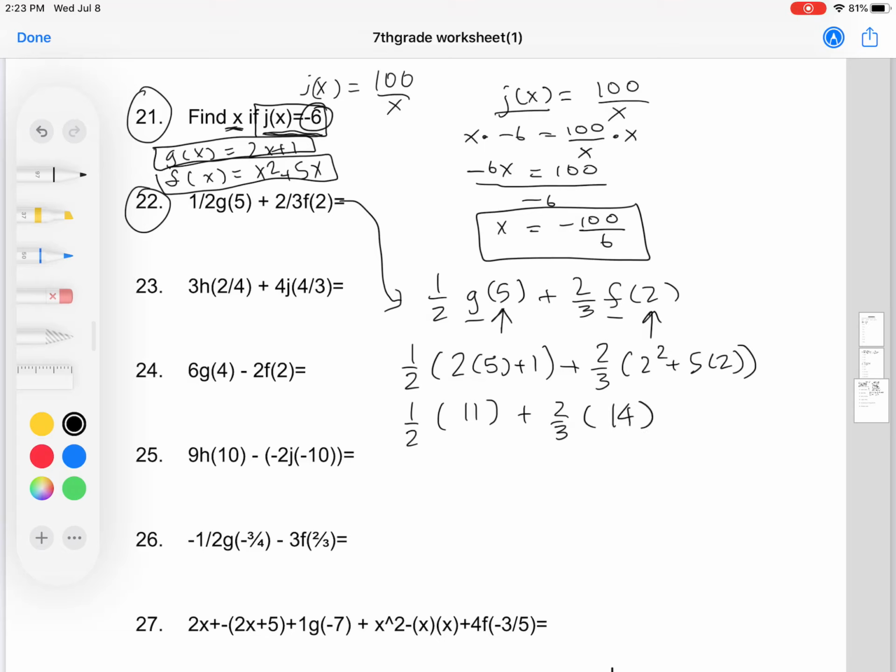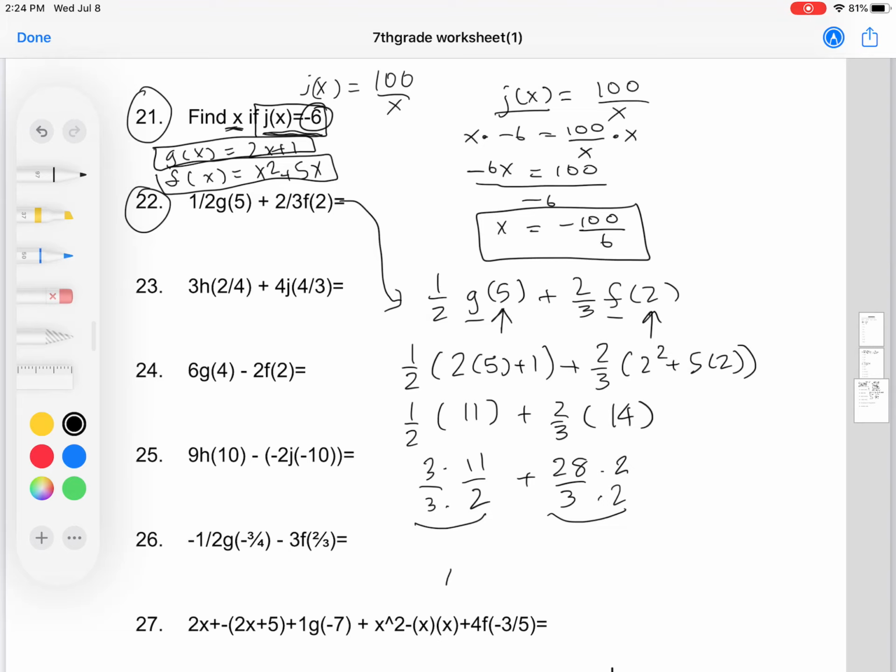Now 14 times 2 is 28, divided by 3, plus 11 over 2. Now since we add these two terms, we have to find a common denominator, which is 6. So we multiply this by 3, top to bottom, and this by 2, top to bottom, so that they can share the same common denominator, 6.